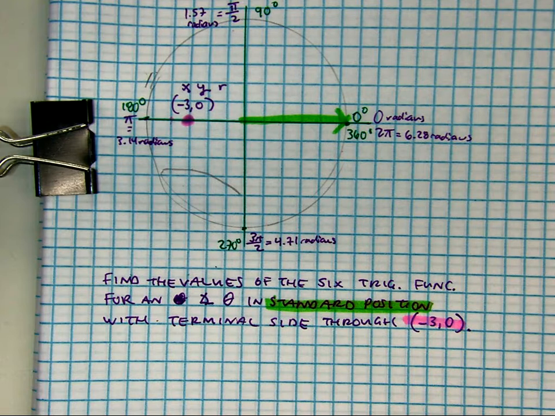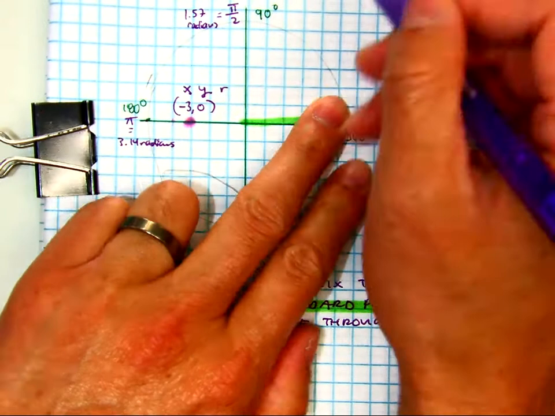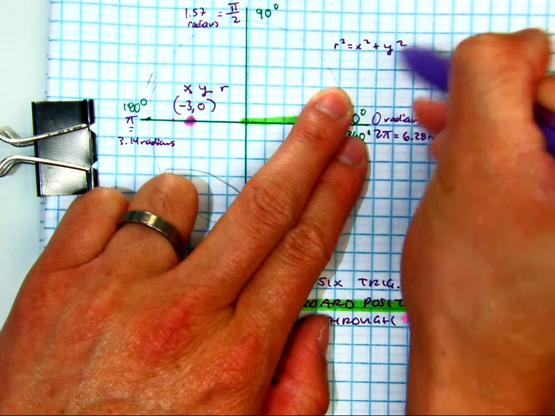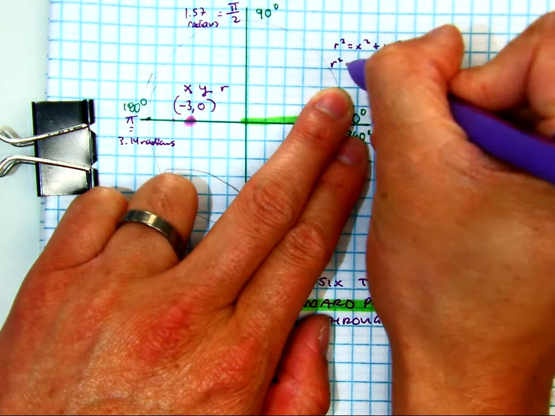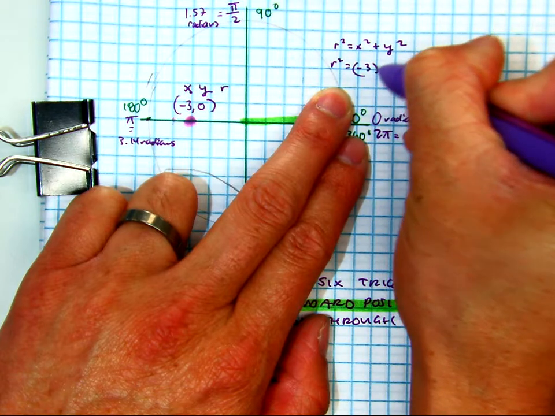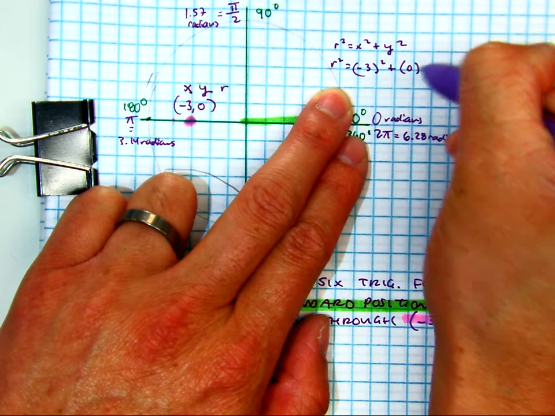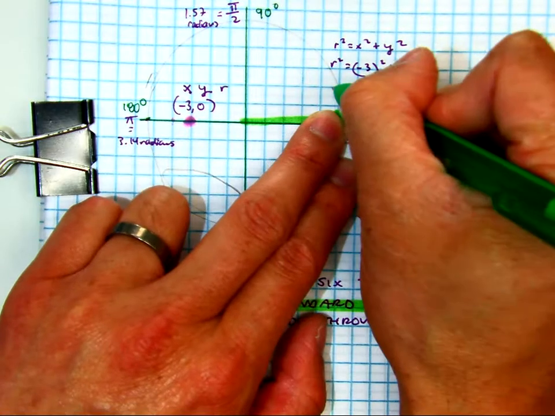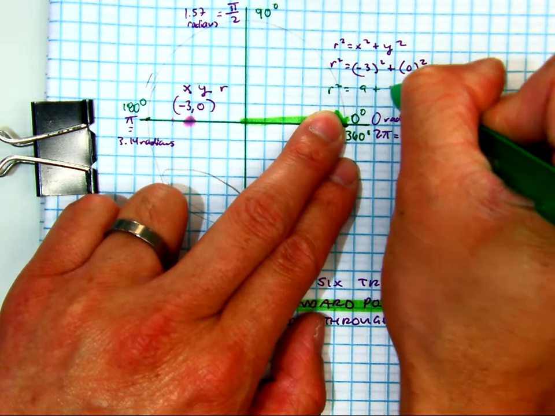We could use the Pythagorean theorem. X squared is negative 3 squared plus 0 squared. R squared equals 9 plus 0. R squared equals 9. Taking the square root, R is equal to plus or minus 3.